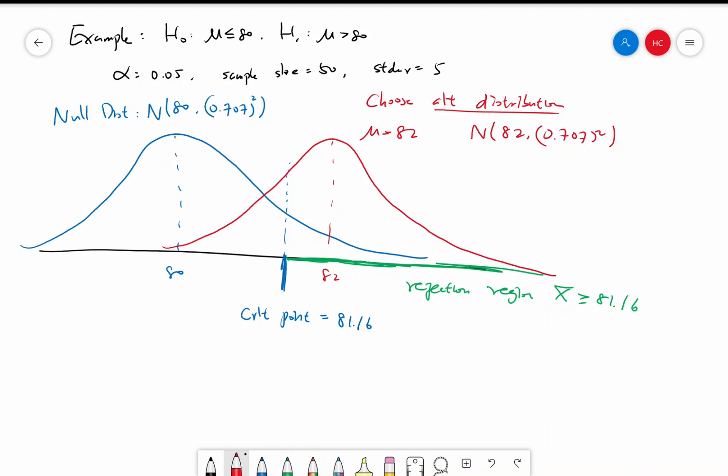The power is the area of this part. To calculate the area of that part, we calculate the z-score. The z-score is 81.16 minus 82 divided by 0.707.